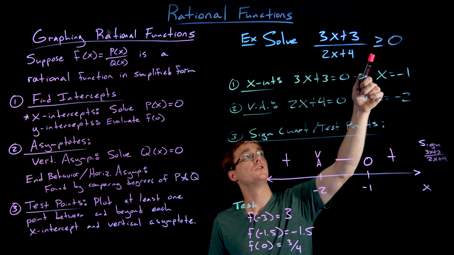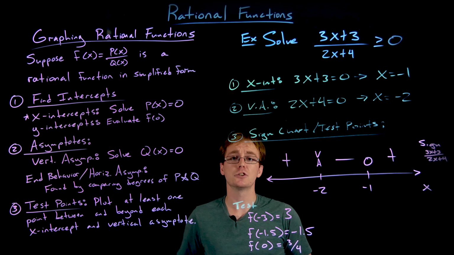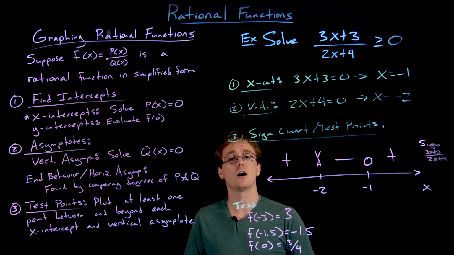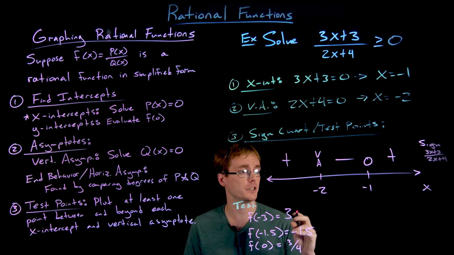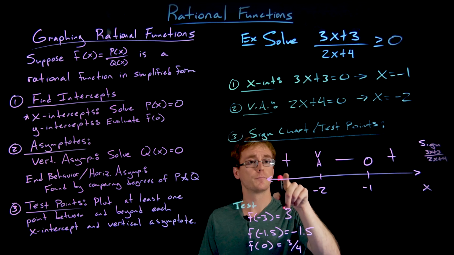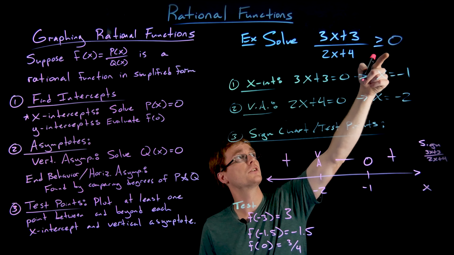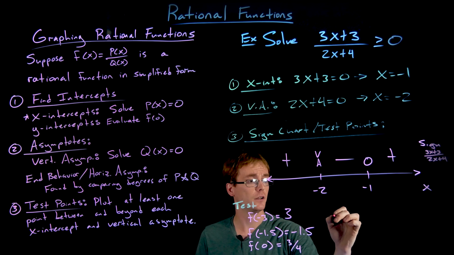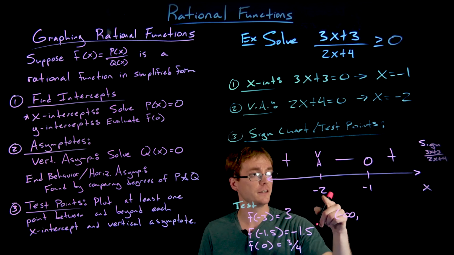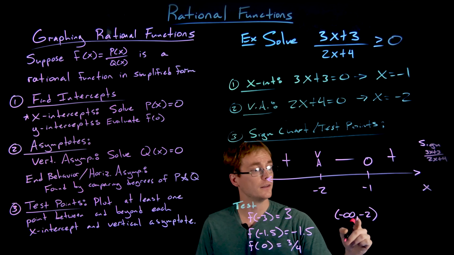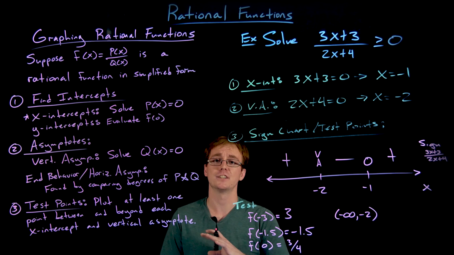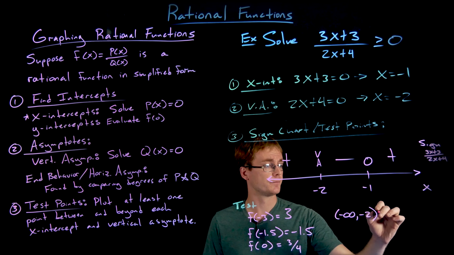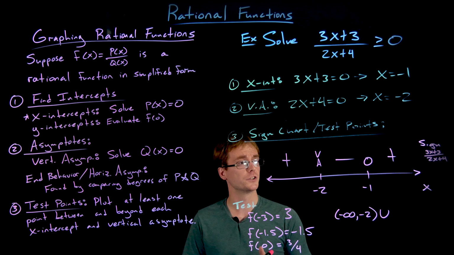So now we need to actually write down the solution to our inequality, which we can basically read off from our sign chart. So our solution, if we're using interval notation, could be written as so. We're allowed to include these positive solutions because that's greater than 0. So that'll go from negative infinity all the way to negative 2. But we cannot include negative 2 because of that vertical asymptote. Our function is not defined there. We have more to our solution set though.